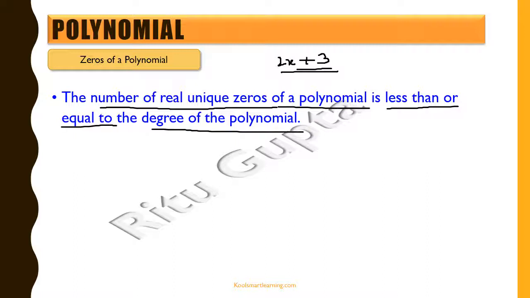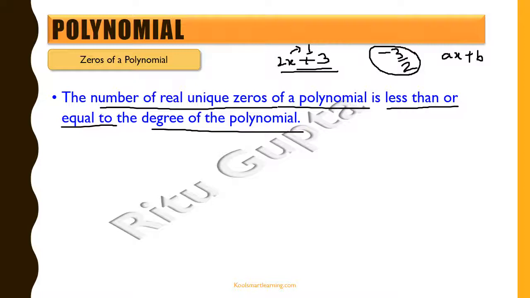Now the degree of this polynomial is 1. So that means the number of real unique zeros will be less than or equal to 1. In this case we clearly know minus 3 by 2 is the zero of this polynomial, and that's the only zero of this polynomial.